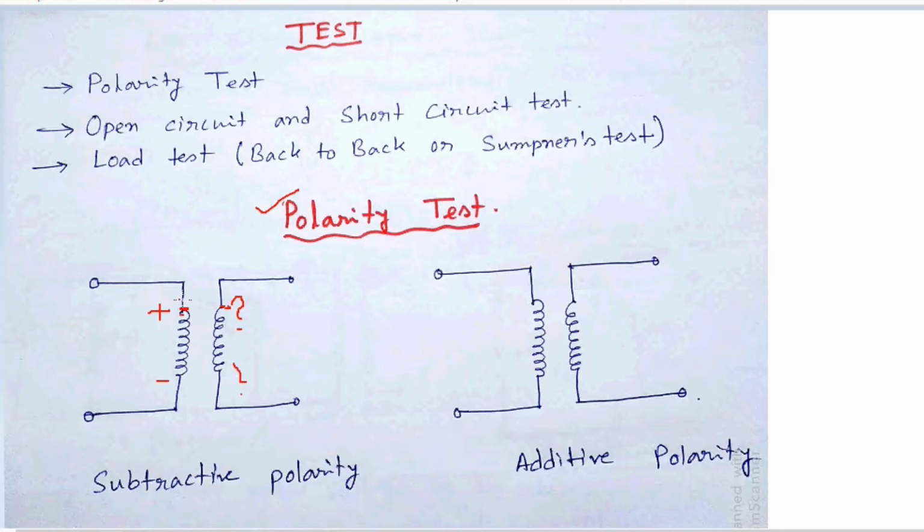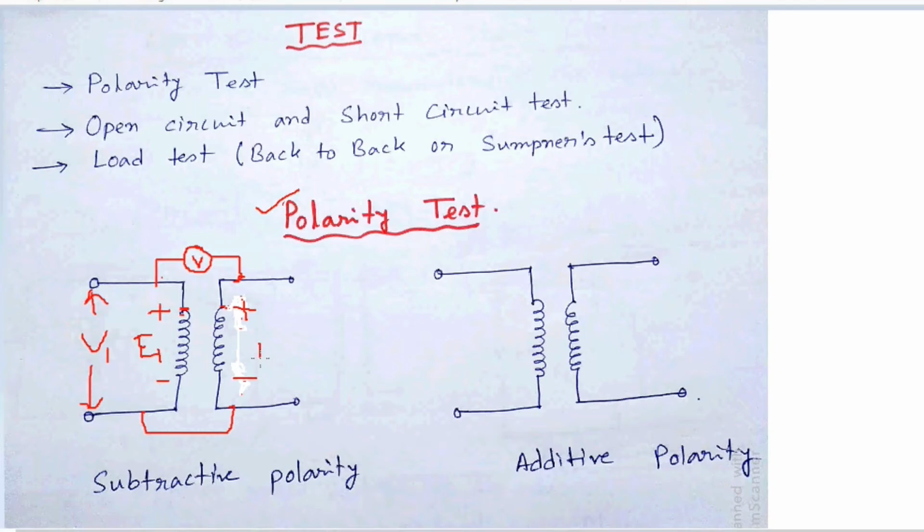For this we have a test. We connect one voltmeter, which will show the voltage between these two terminals, and we short the other two terminals of the transformer. If we give the supply V1 on the primary side, and consider the same polarity, this terminal is positive and here it is negative.